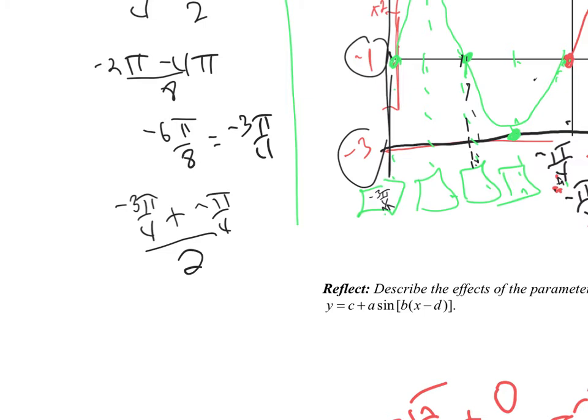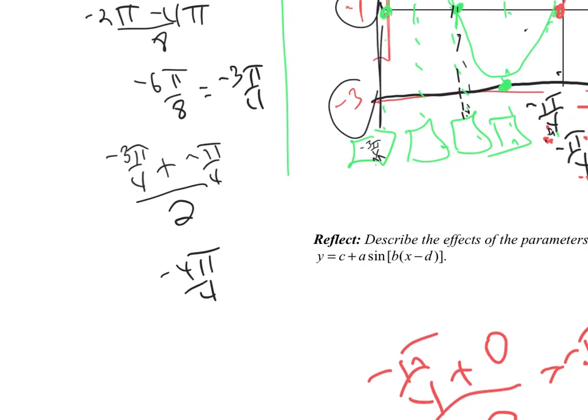They both have the same denominator. It would have been easier, I didn't realize they had the same denominator. I could still keep going the way I was, but if you don't have to, why do it? Negative 3 minus 4 is a negative 4 pi over 4. But when you divide it by 2, it becomes a negative 4 pi over 8, which turns into negative pi over 2. Negative pi over 2.